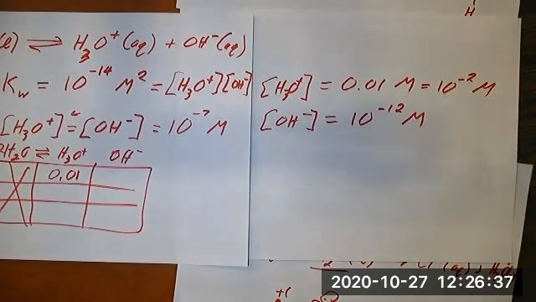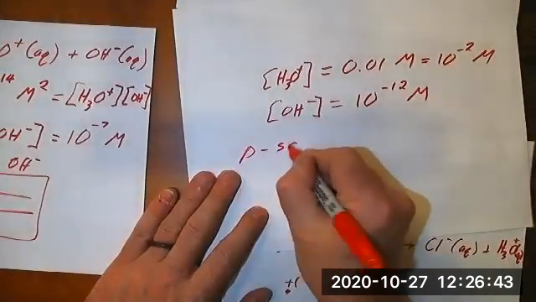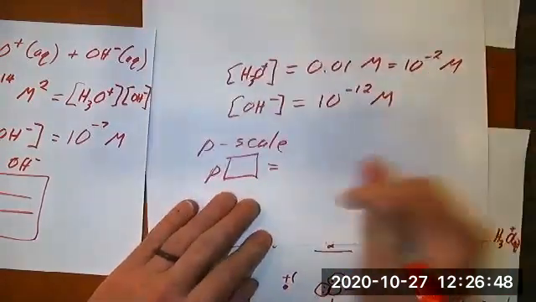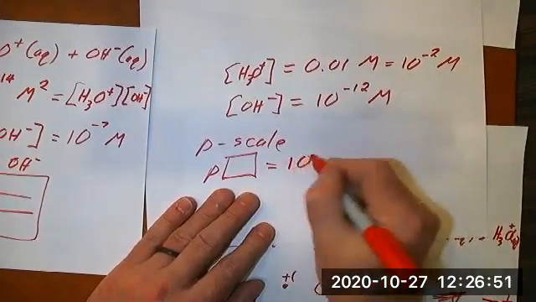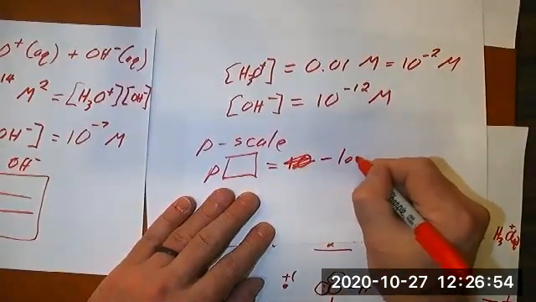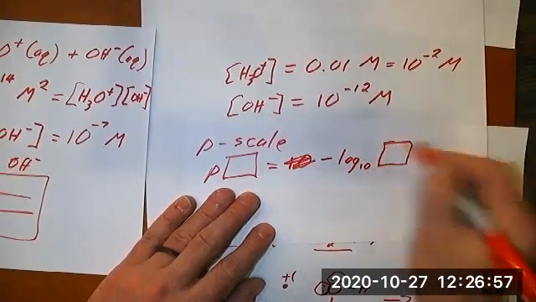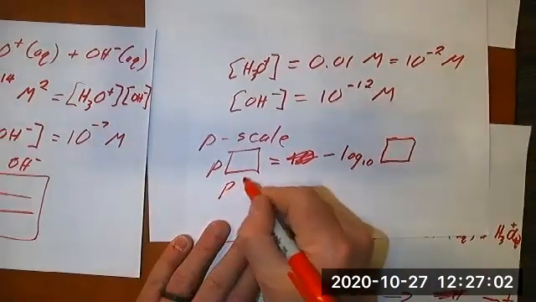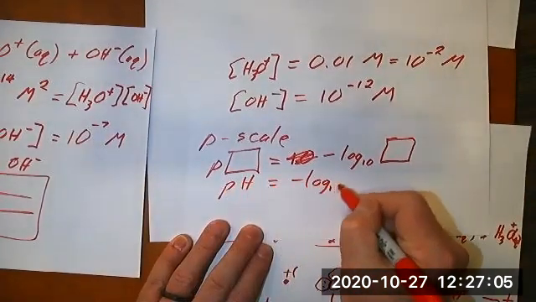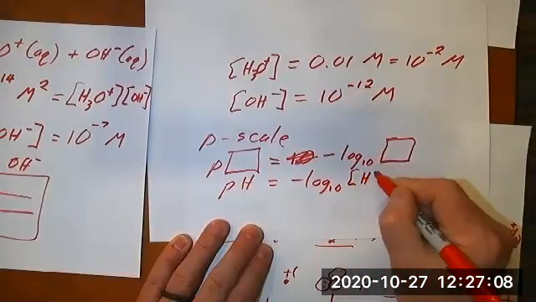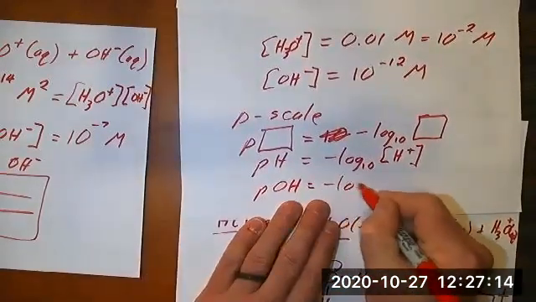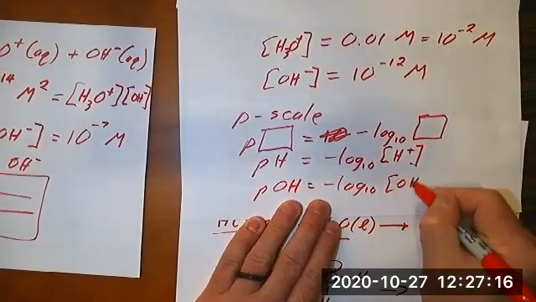As a result of that, chemists tend to use what is known as a P scale. P anything is equal to negative log base 10 of that thing. So pH would be negative log base 10 of the hydronium ion concentration. pOH would be negative log base 10 of the hydroxide ion concentration.